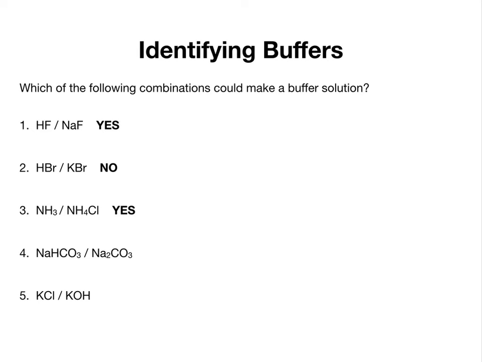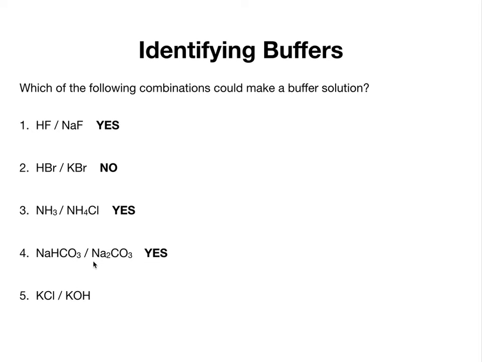Okay, let's look at number 4. Make a prediction. What do you think about number 4? Would a combination of sodium bicarbonate and sodium carbonate make a buffer solution? It would. Now you might look at that and say, how can that be a buffer solution? We've got 2 salts. Well, yes, we do. When we put this in water, it's going to split apart into sodium ions and bicarbonate ions.